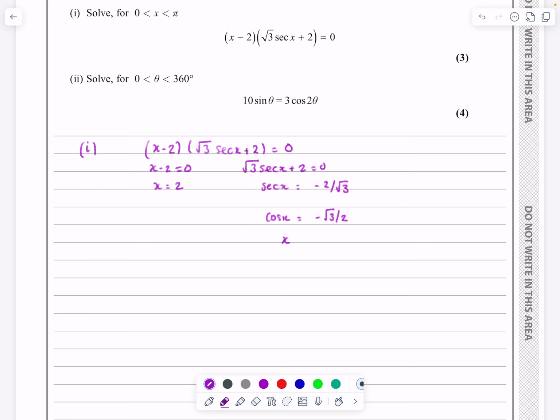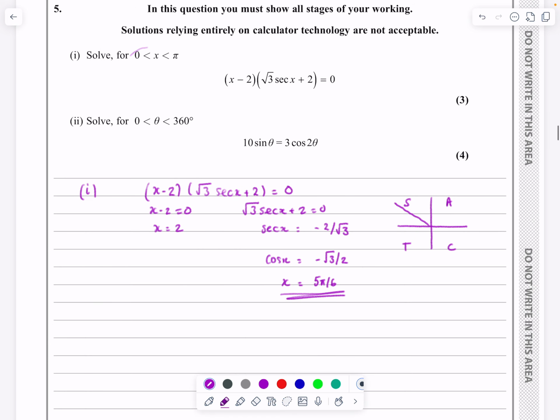So x from that, really quickly, I'm not spending any time on this, but if cos is negative, using our CAST diagram, it'll be in that quadrant there. So in that quadrant we're going to get 5 pi over 6 if you do inverse cos. And that's the only one because we've got x being between 0 and pi. So that's the solution for part 1.